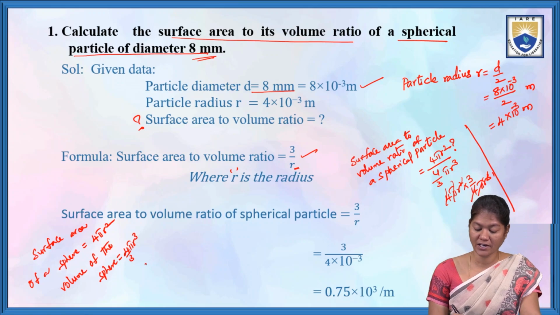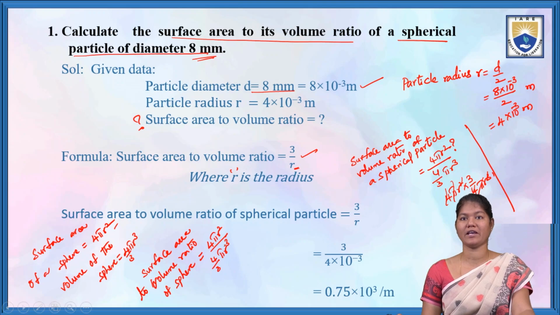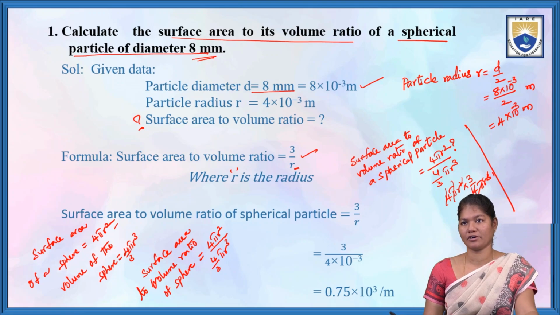So when calculating the surface area to volume ratio of a sphere, it is the surface area of the sphere divided by the volume of the sphere, that is 4 pi r square by 4 by 3 pi r cube.